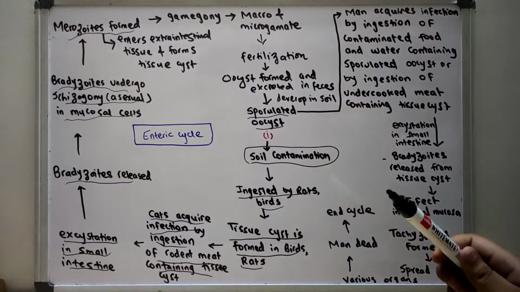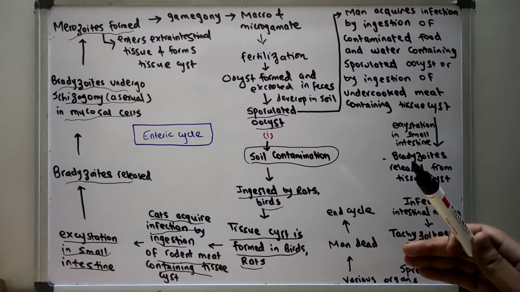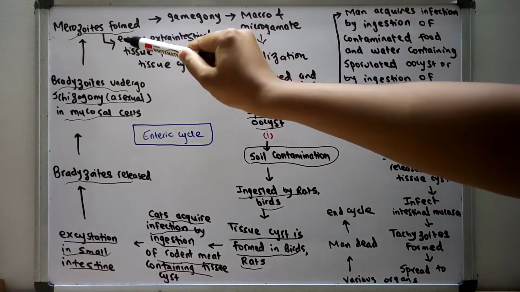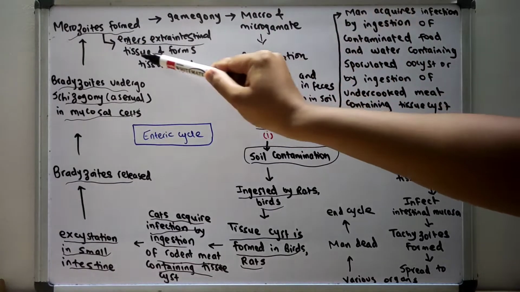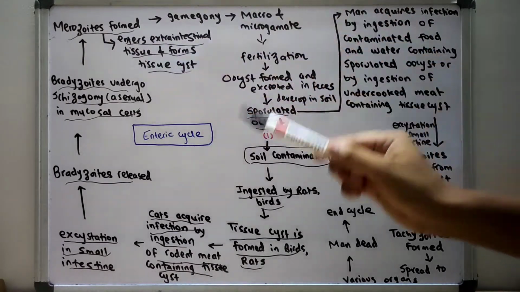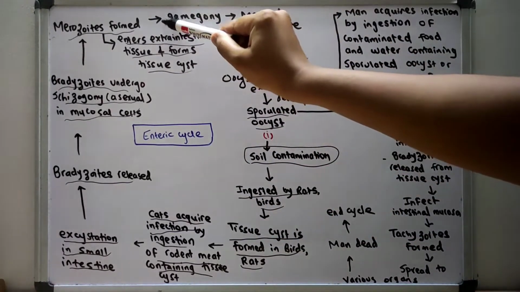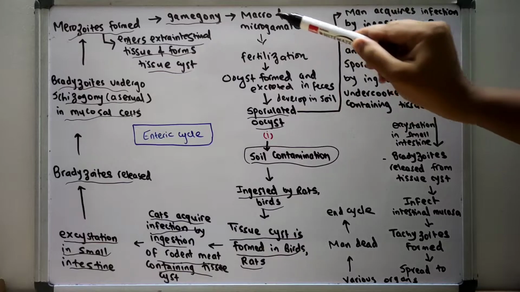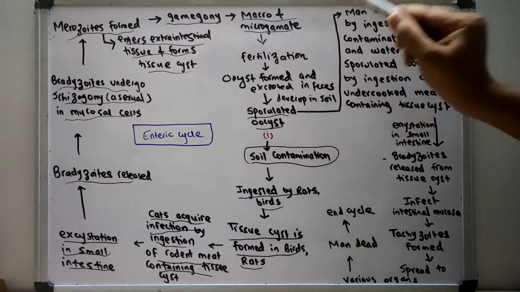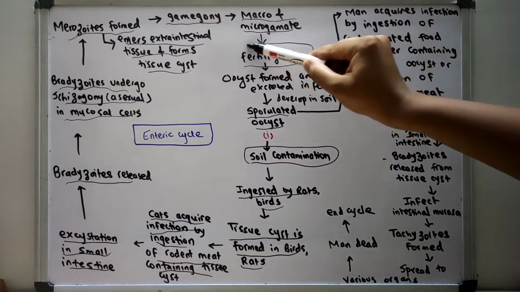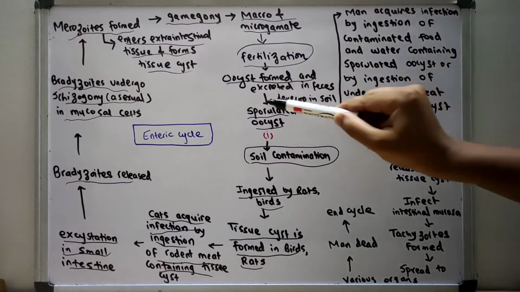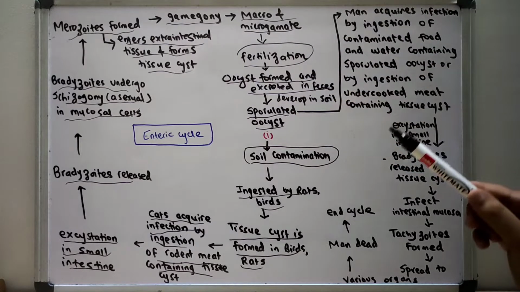After the merozoites are formed, two processes occur. The merozoites may enter the extraintestinal tissue and form the tissue cyst inside the definitive host, or the merozoites can undergo gamogony and form the macrogamete and microgamete. Fertilization occurs and the oocyst is formed and excreted in the feces.